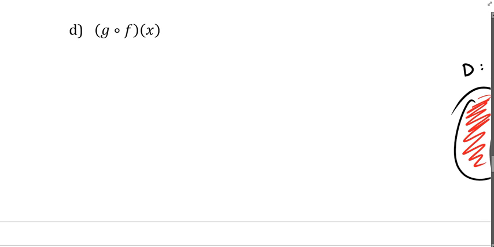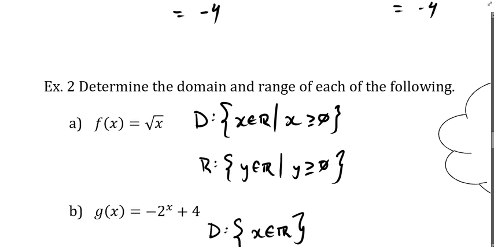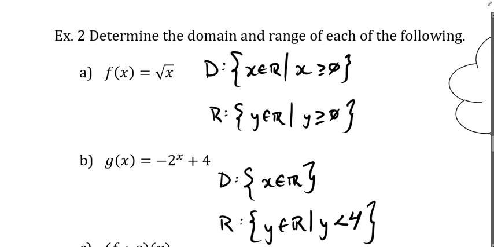This one's a little bit easier, because it's the output of F that's going into G, right? It's the output of F that's going into G. But G will take anything.